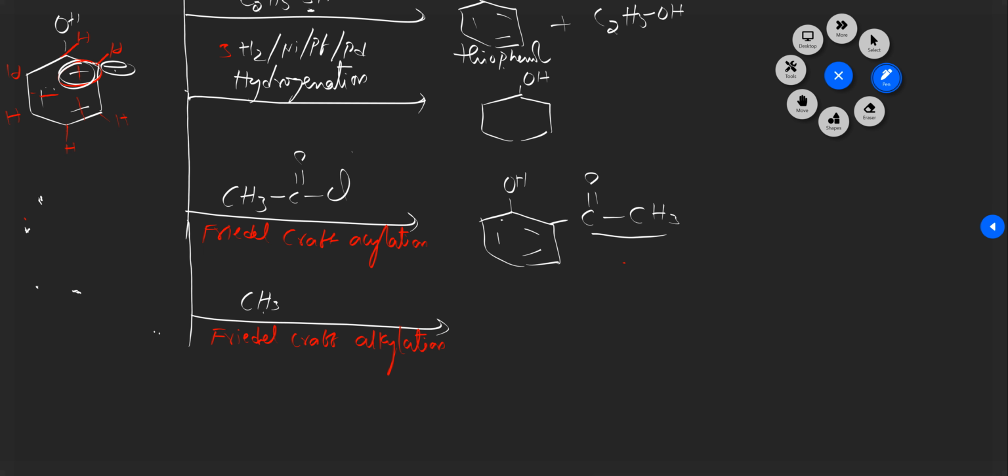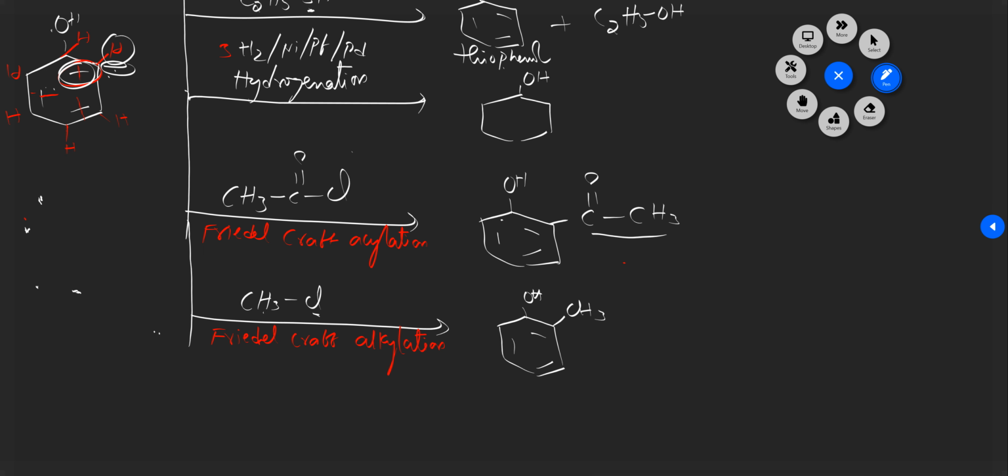Friedel-Crafts alkylation. So I'm taking here CH3Cl. From this one, the negative charge, or this hydrogen and this Cl, is going to be lost out. It's going to form OH, and this one is CH3.